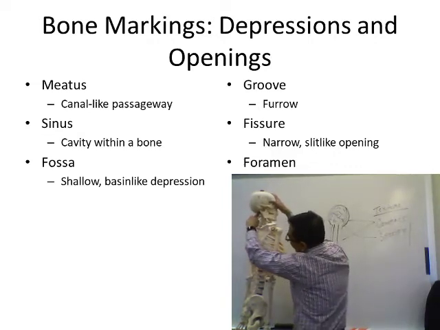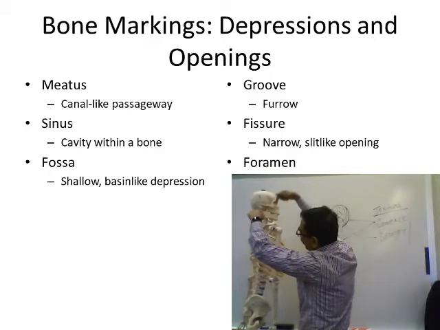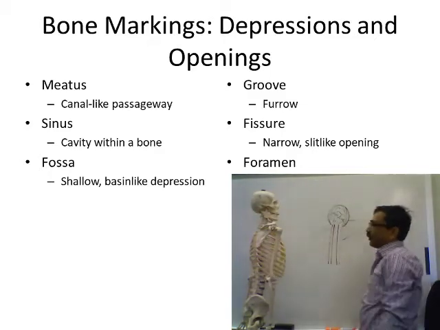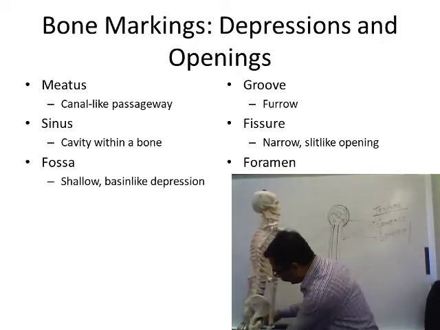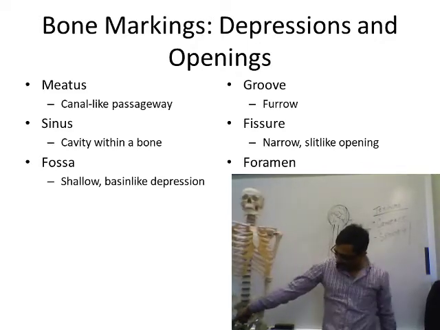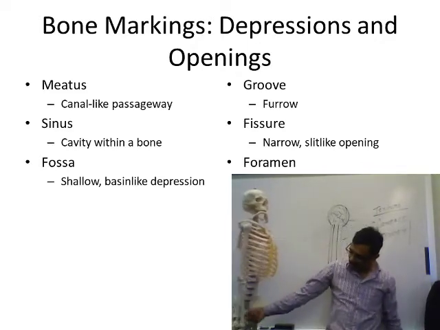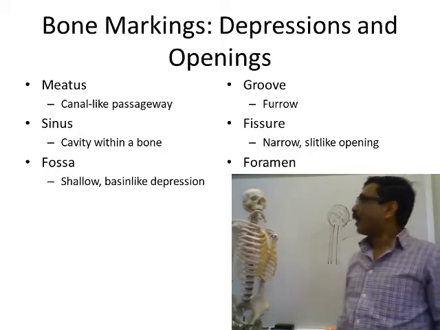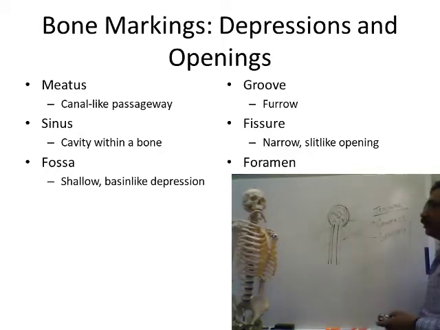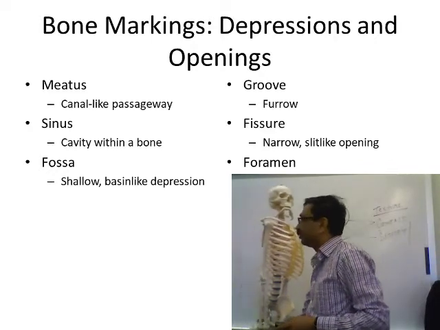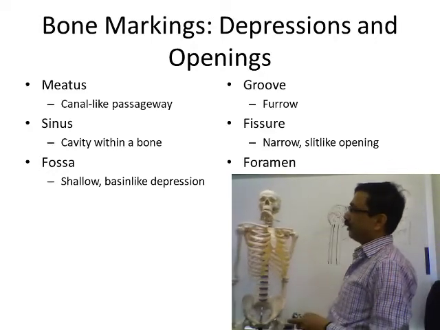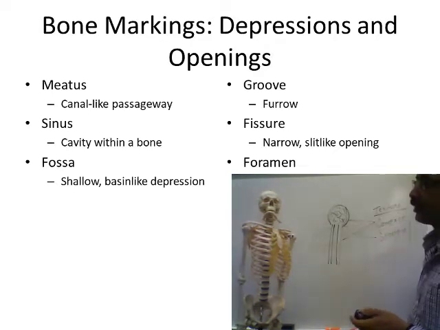This is the largest one, foramen magnum, right? So there are many. You see here, this is a big opening in the hip bone. First we'll see the structures formed by the depressions and openings.